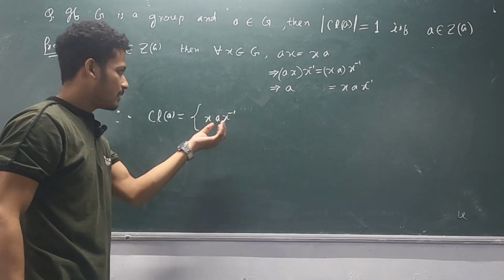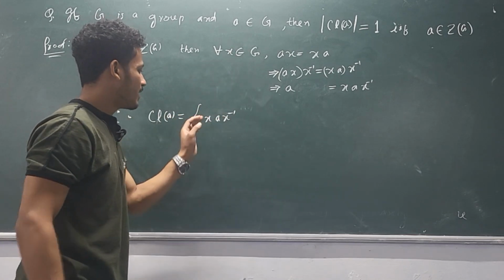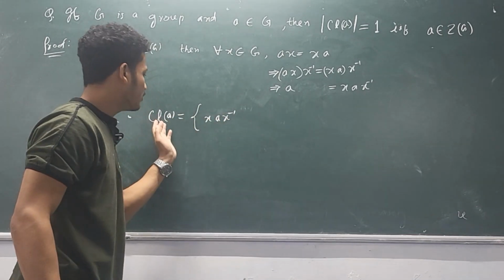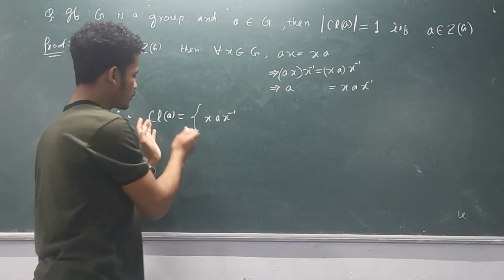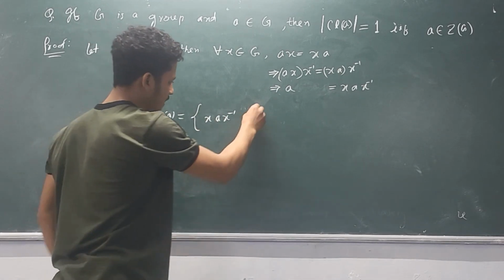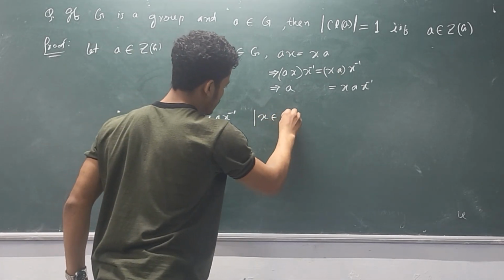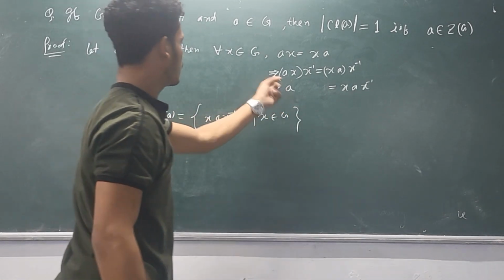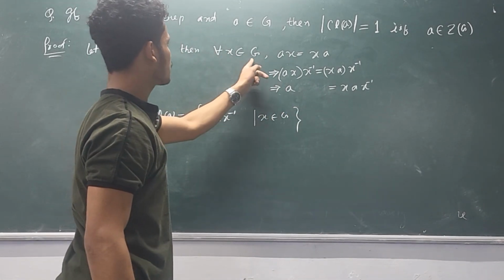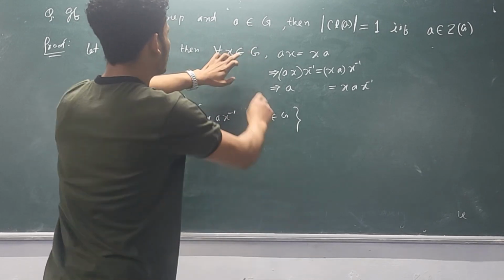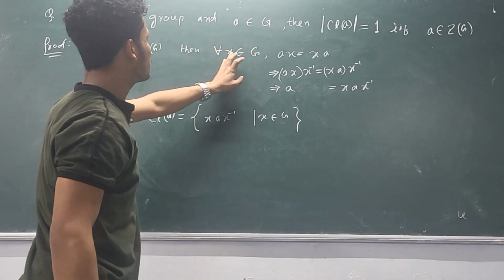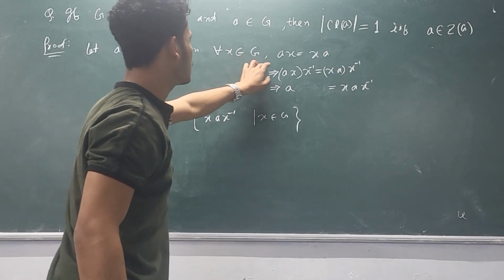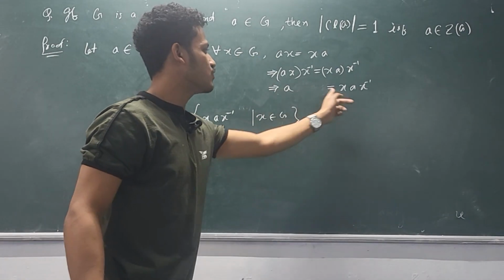You take an element X from G and compute XAX inverse, and you will get a conjugate of A. So Cl(A) is defined like this, such that X belongs to G. If A belongs to Z(G), for all X belongs to G, this happens: A is equal to this.